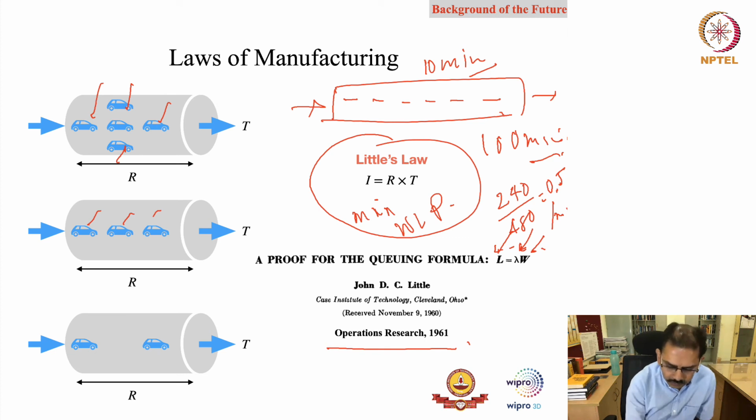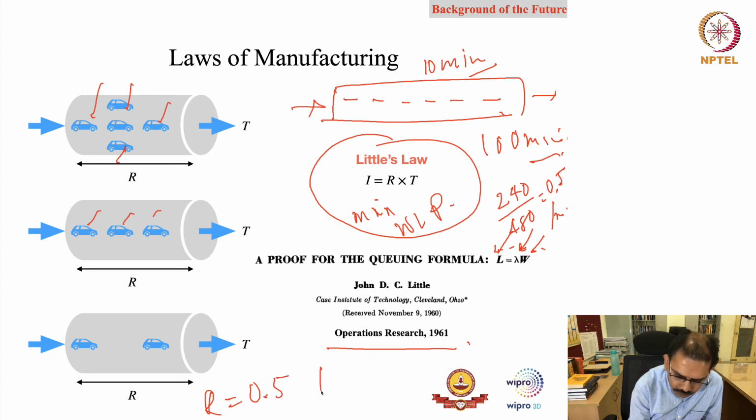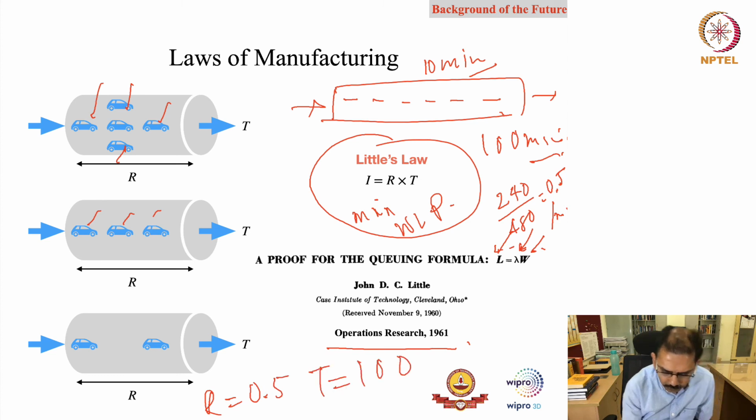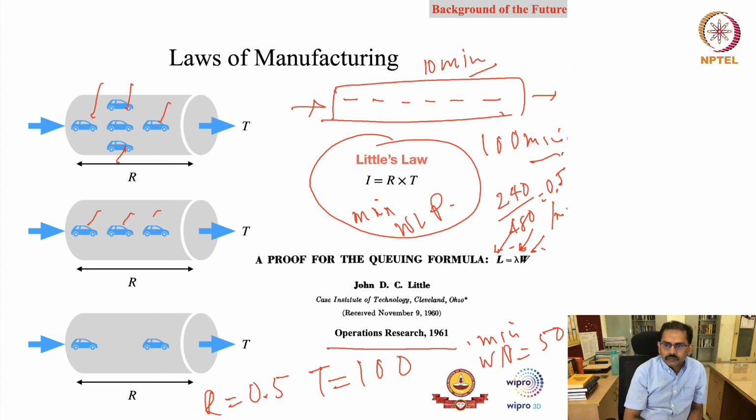So it means that for this case, R is equal to 0.5, T is equal to 100. So the minimum inventory or WIP which I need in this case is 50, right? So you can actually see that, right?